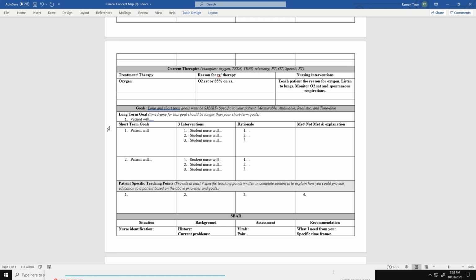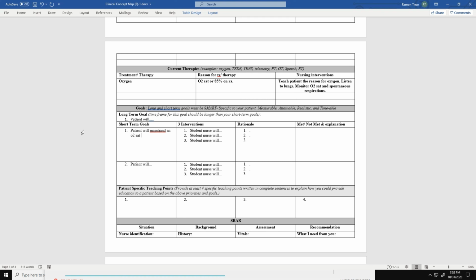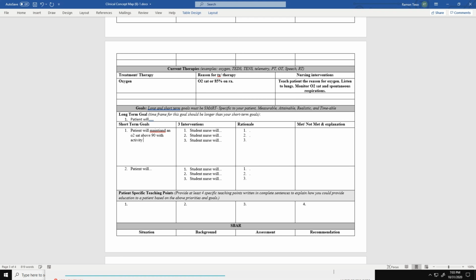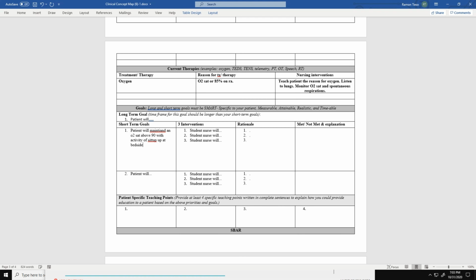Patient will maintain an O2 saturation above 90 with activity of sitting up at bedside.